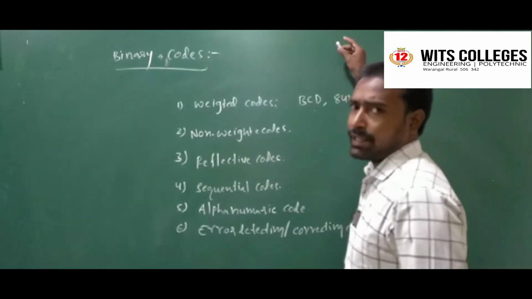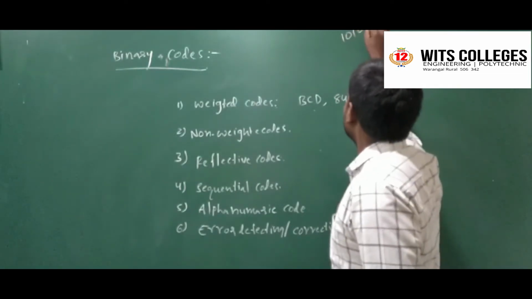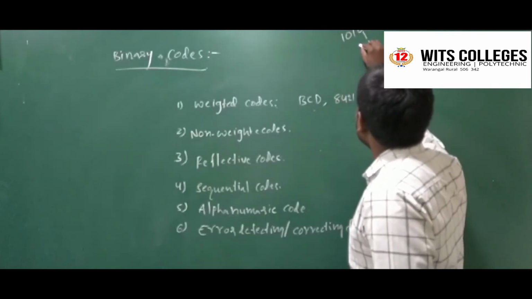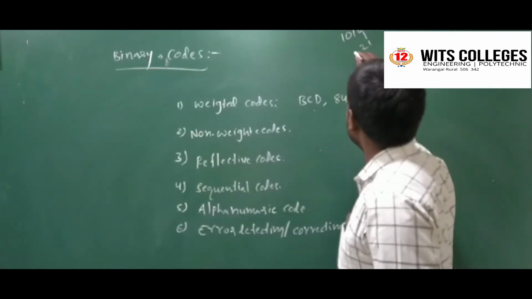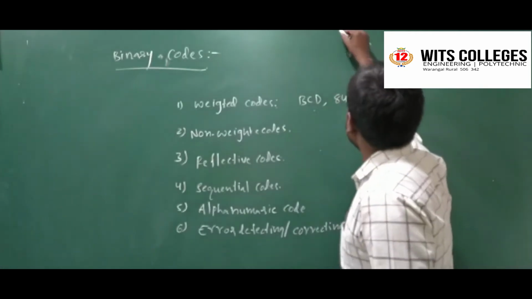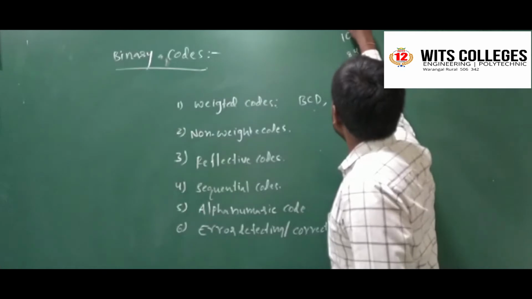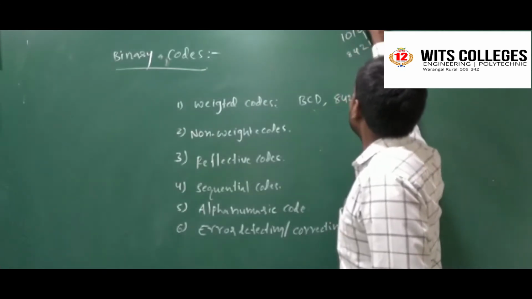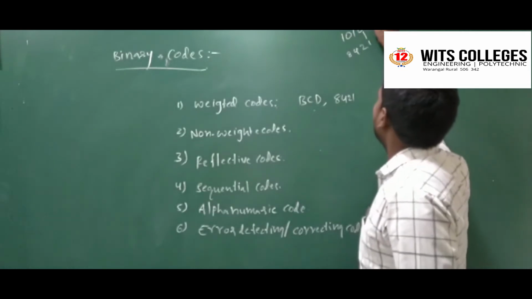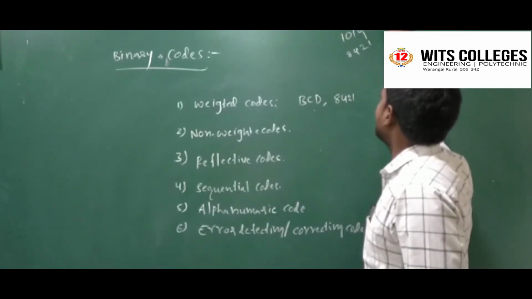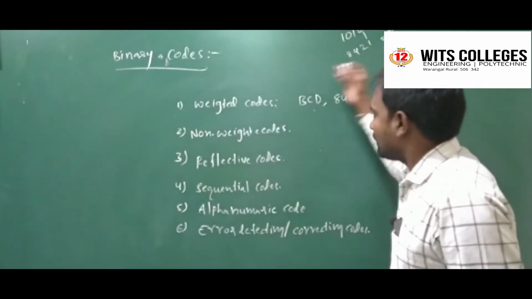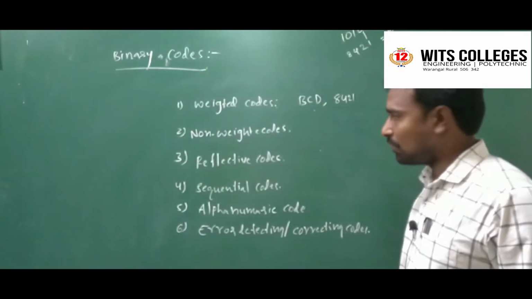If we take the example 1010, then the 0 has a weight of 1, the 1 has a weight of 2, the 0 has a weight of 4, and the 1 has a weight of 8. That means 8 into 1 plus 4 into 0 plus 2 into 1 plus 1 into 0, which equals 10. So this is an example of weighted codes.